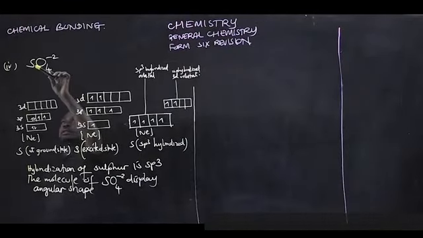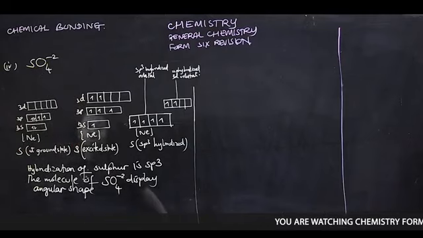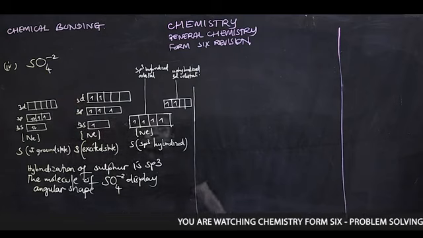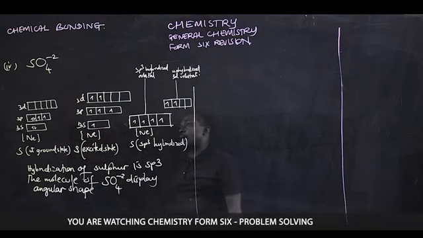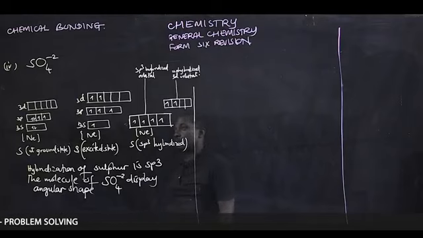Sulfur having 6 unpaired electrons combines with the 4 atoms of oxygen. 1 oxygen has 2 unpaired electrons.